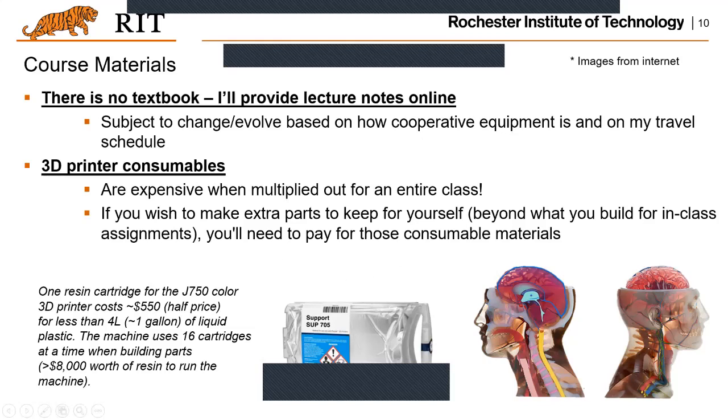The color printing is very expensive, and that would require some approval, not just by me, but also by Dr. Cormier, who is the director of the M-Print Center, where the printer is located. All right. Any questions?